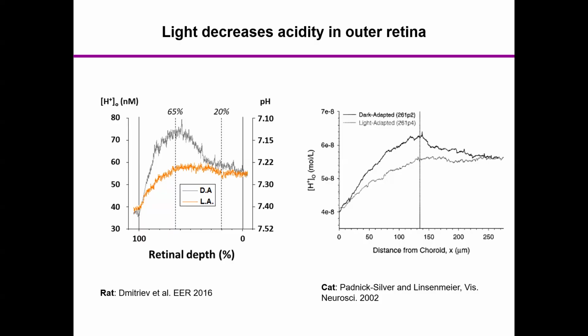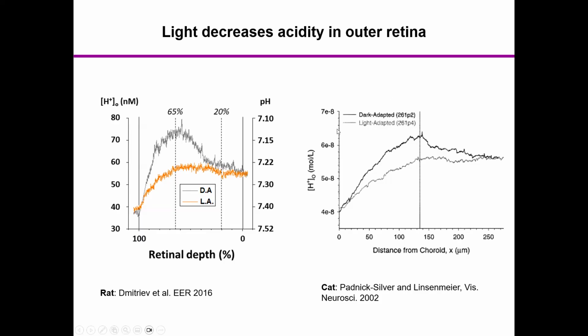And in fact, we see that. So this is a rat set of profiles in the dark-adapted retina in gray, and in the same retina where we've saturated the rods with light.